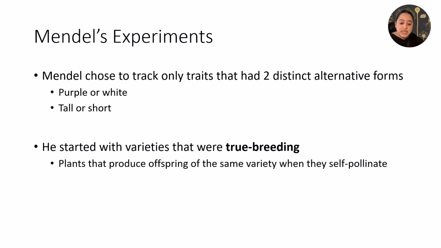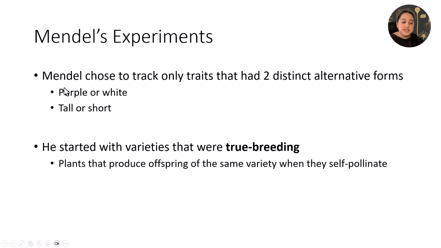And so he chose to track a lot of different traits. At first, he only tracked one thing at a time, or one character at a time. And so he would track things that only had two distinct forms.